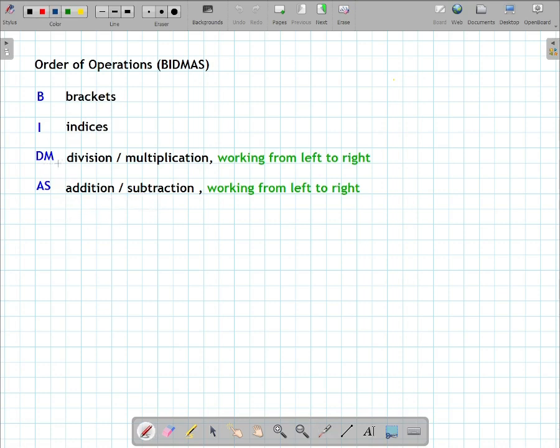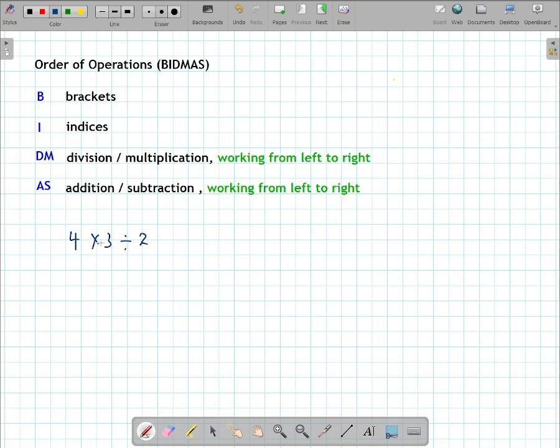So when you have division and multiplication only in your question, you have to start this working from the left. For an example, 4 times 3 divided by 2.